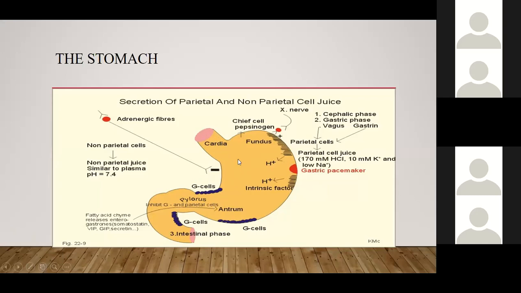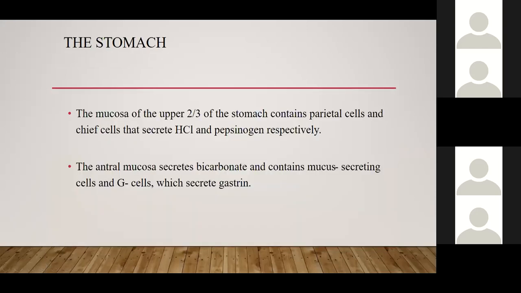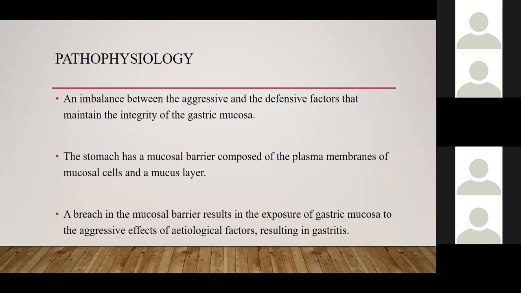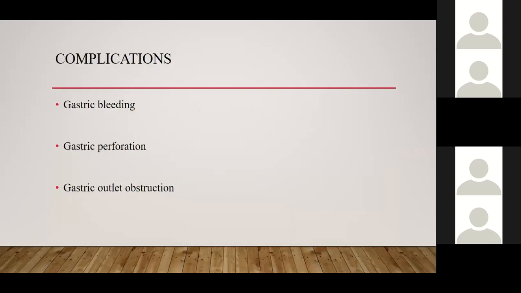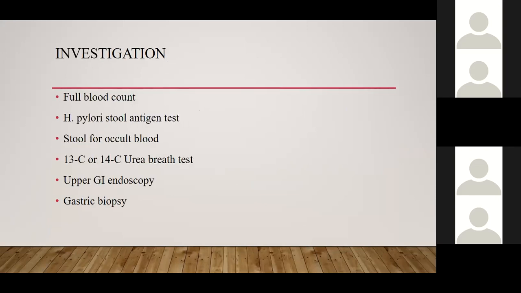It tends to be profuse vomiting. So gastric outlet obstruction. So three main complications: GI bleeding, or gastric bleeding, gastric perforation, and then gastric outlet obstruction because of scar or adhesion formation. How do we investigate our patients?